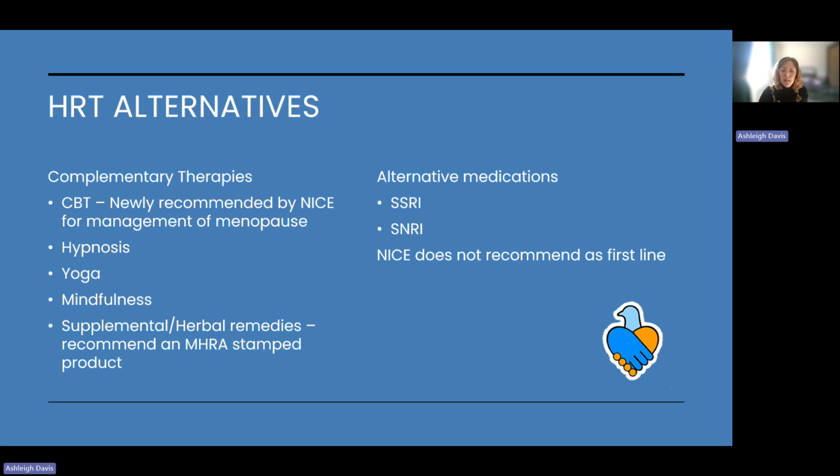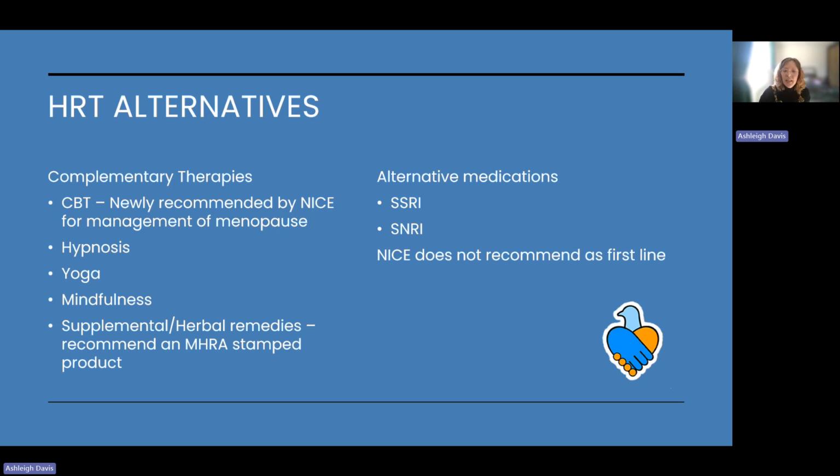So it can be something that you can discuss with your patients and signpost them to some information about that. Supplemental and herbal remedies do have less evidence base behind them, and so we should always be recommending that they're using an MHRA stamped product to ensure safety.